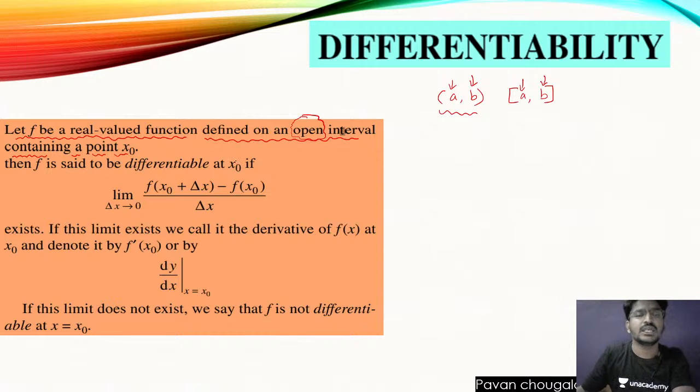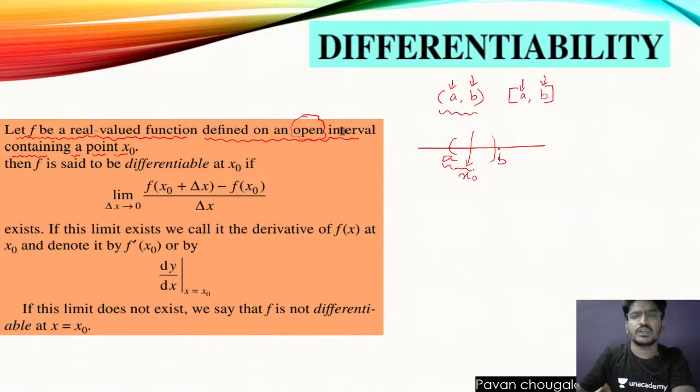That means you will have an interval a comma b, and from this open interval they choose one element x naught.